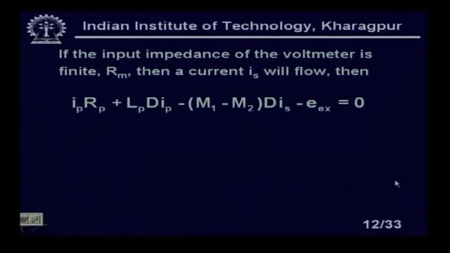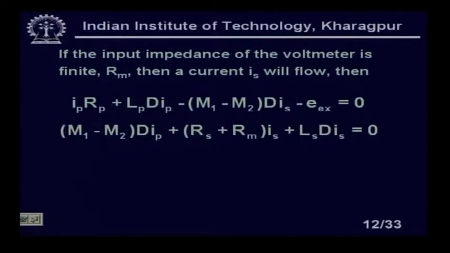In that situation, my equations, if I look at the digital board, will look like Ip Rp plus Lp dIp minus M1 minus M2 dIs equal to minus Ex, and the secondary equation is M1 minus M2 dIp plus Rs plus Rm Is plus Ls dIs equal to 0.